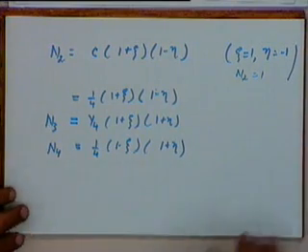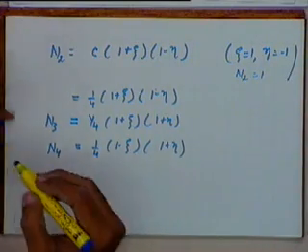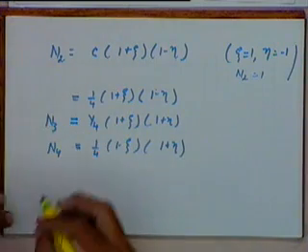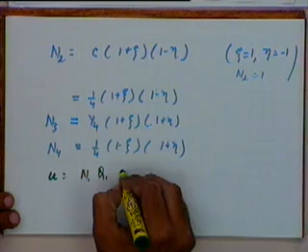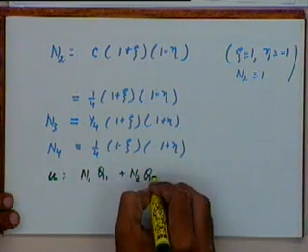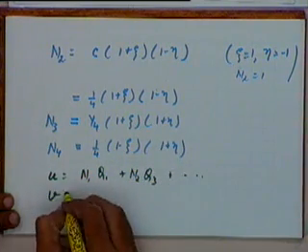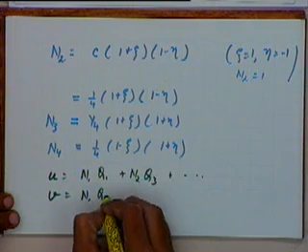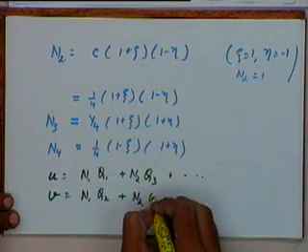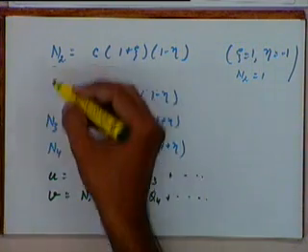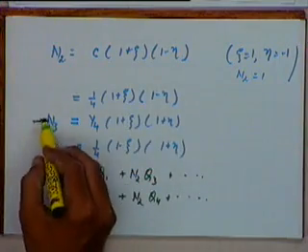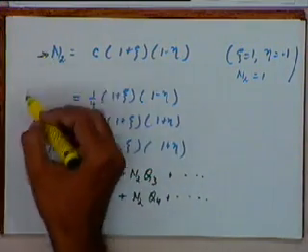Once we have the 4 shape functions, we can then write expressions for u as n1 q1 plus n2 q3 and so on, and similarly v will be equal to n1 q2 plus n2 q4 plus and so on, where n1, n2, n3, n4 are given by these expressions.